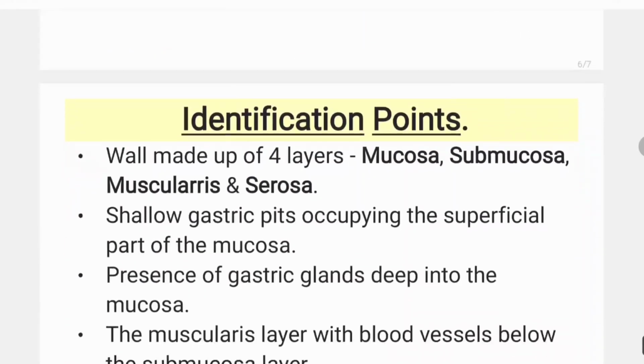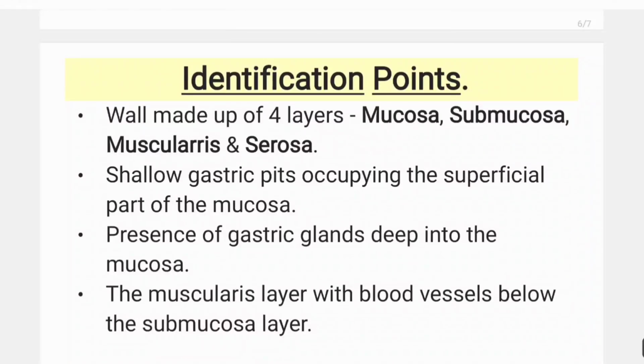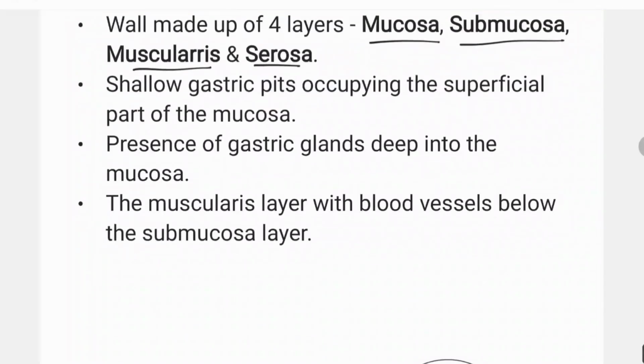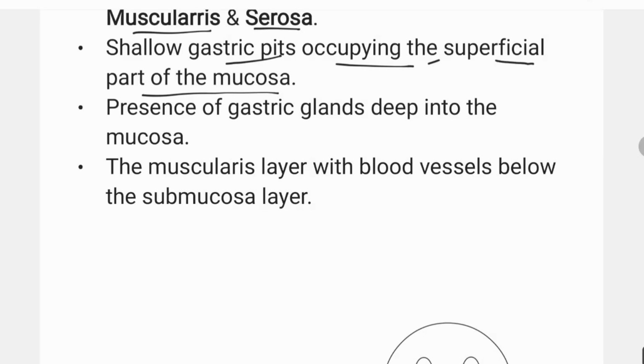Now we will study the identification points on the basis of which we can identify a slide as a slide of stomach. The wall will be made up of 4 layers: mucosa, submucosa, muscularis, and serosa. There will be shallow gastric pits occupying the superficial part of the mucosa, and then gastric glands deep in the mucosa.